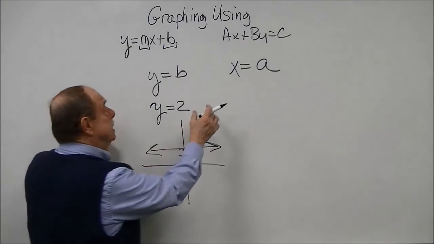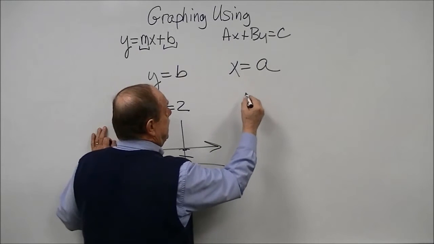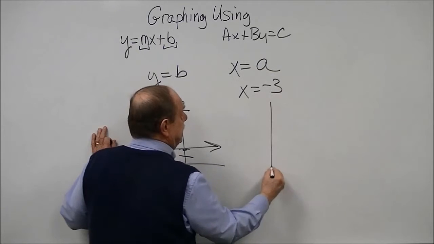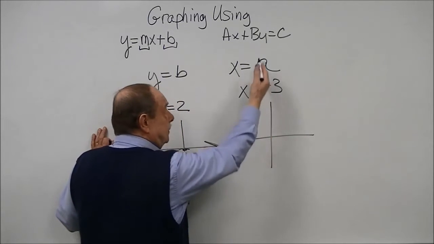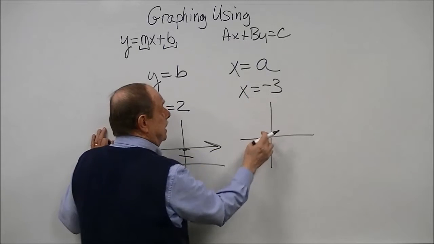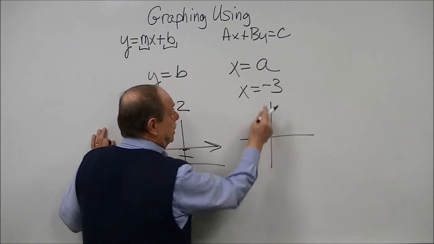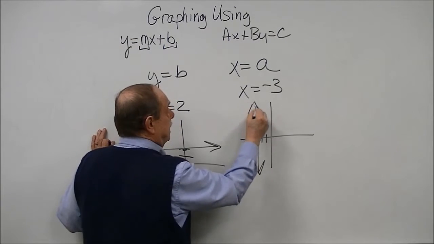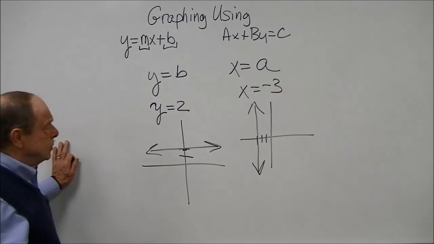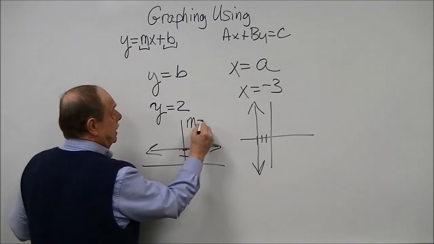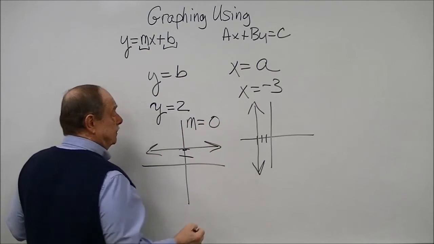And for this one, x equals a, like x equals -3. It is a vertical line now going through the x-intercept at whatever point is there. In this case, it's -3. And as a little quick review, the slope of this line we said was 0.